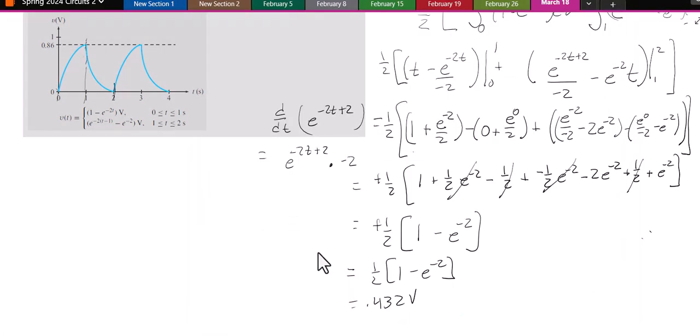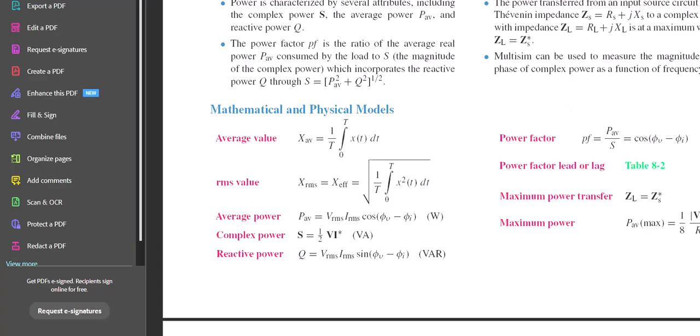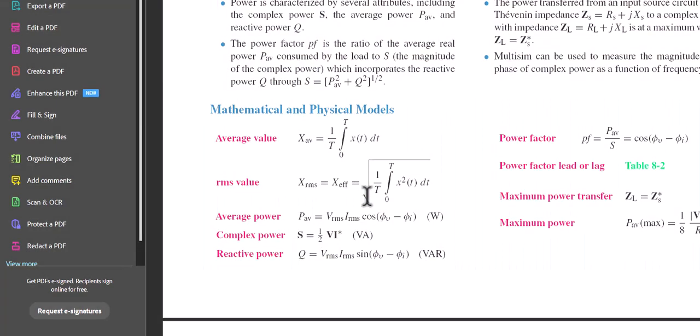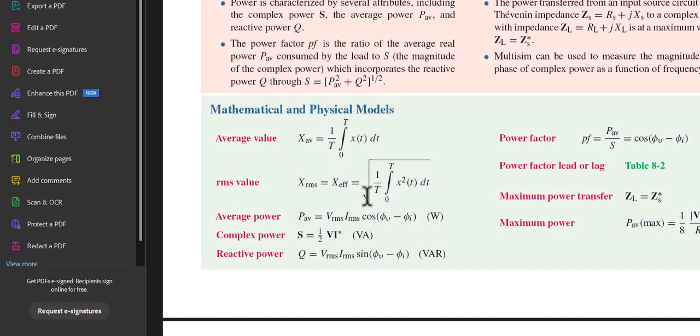Okay, now we need to do the RMS. For the RMS value, you take the square root of 1 over the period times the integral from 0 to the end of the period of x squared dt.